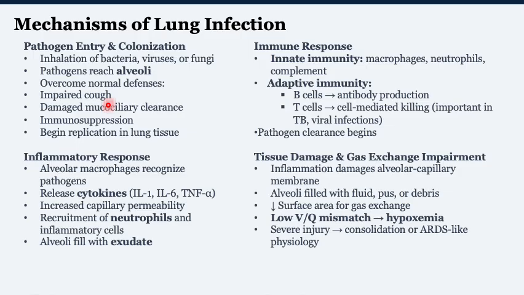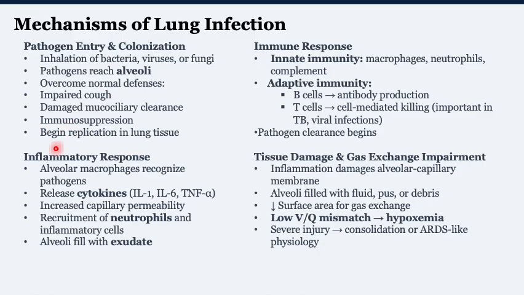You have the ciliary system that will help cough the pathogens out, but it basically overcomes your normal defenses by impairing cough. It can damage mucociliary clearance, and it can cause immunosuppression.